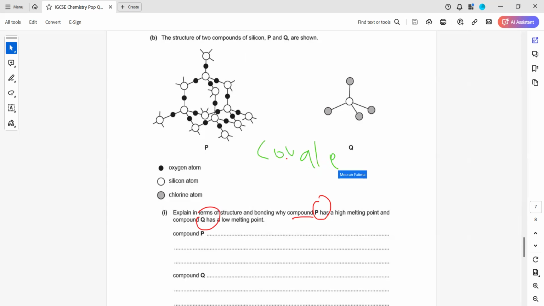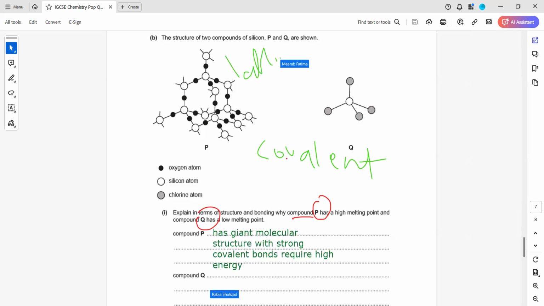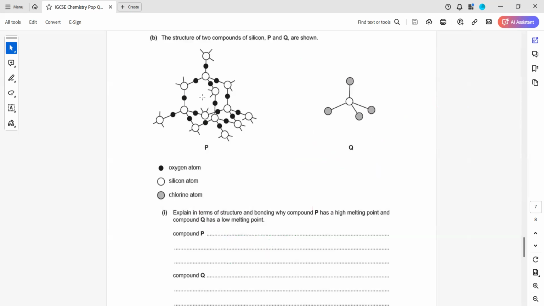Both of them will have covalent bonds because these are non-metals. And how are the structures different? One is a simple molecular structure and the other one is a giant molecular structure. And we need a greater amount of force or energy to break all the bonds.